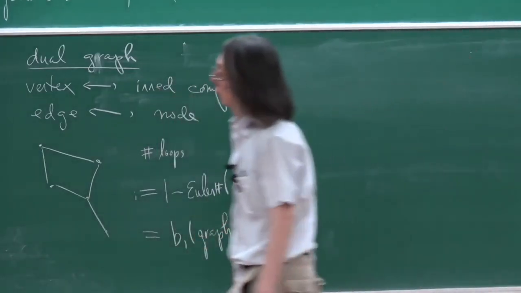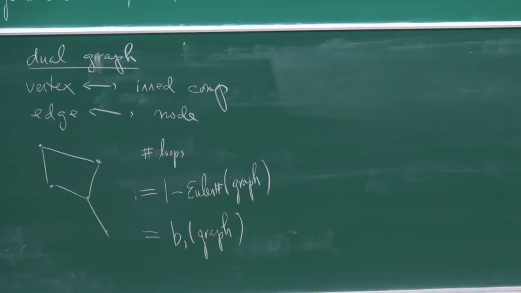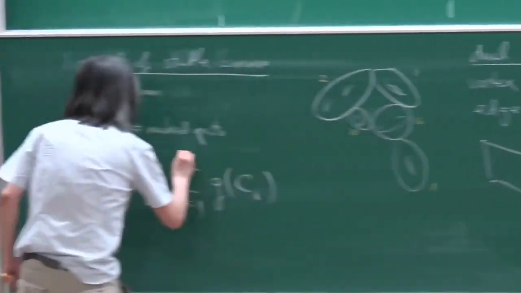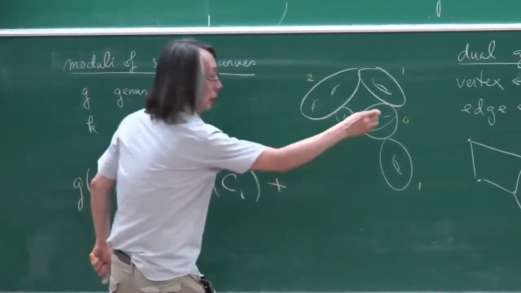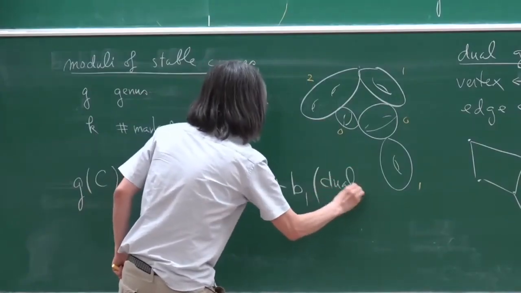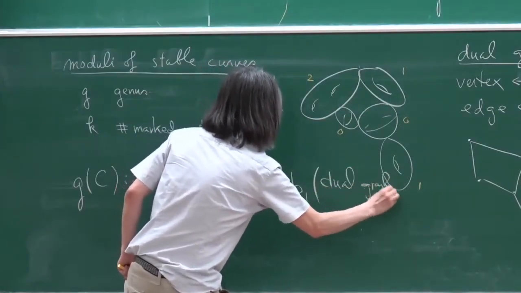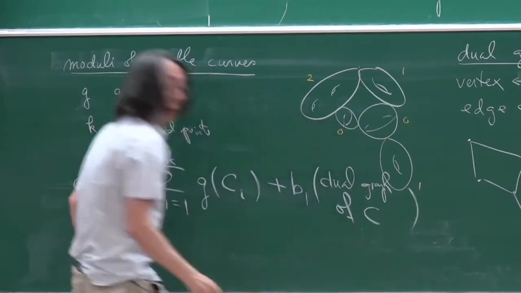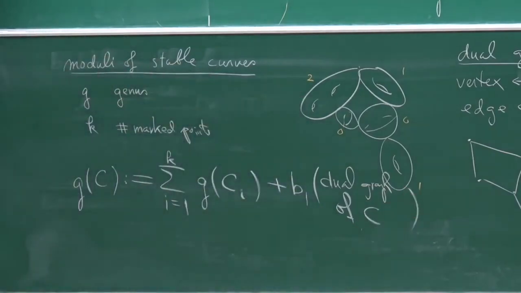And then the genus of C is defined to be the sum of the genus of all components Ci, where i runs from 1 to k, and then add B1 of the dual graph. So this is the genus. And why do we call it the genus?